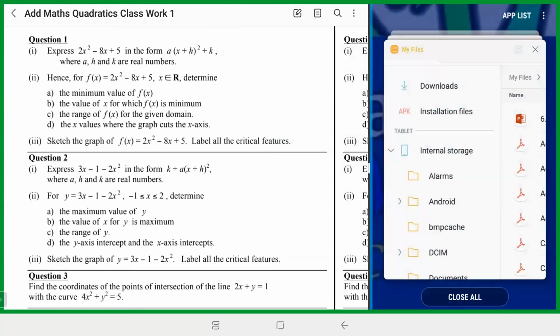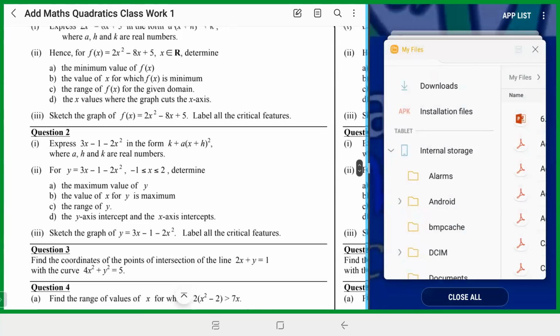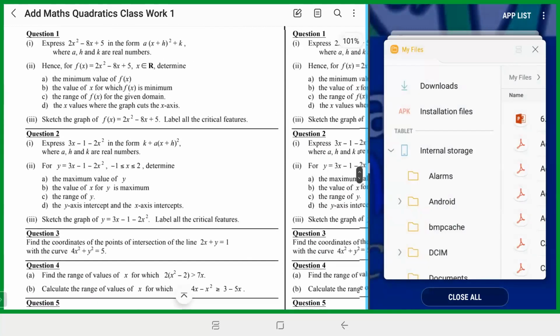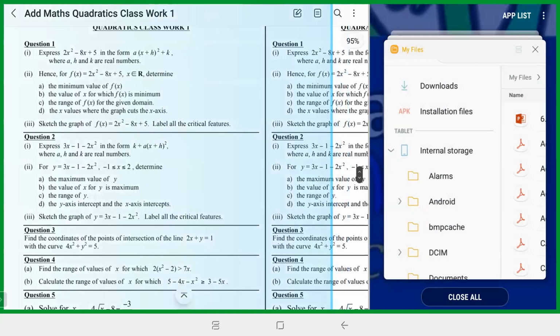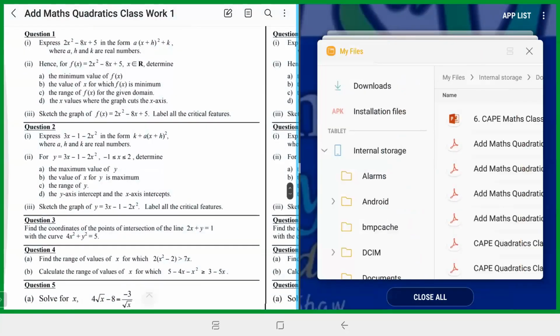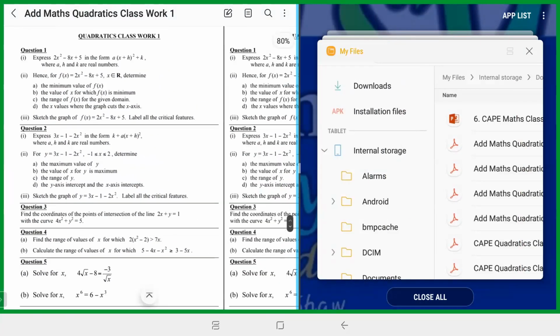Screenshot it for me. I want you to do these 5 questions. There's some other stuff in here that we didn't do today, but it's still C6.